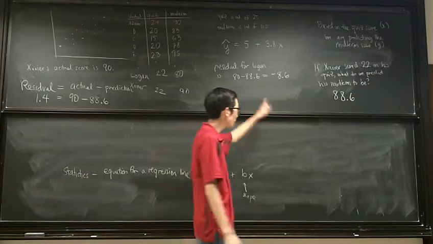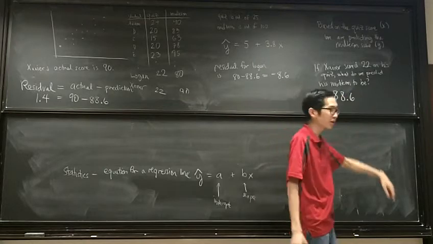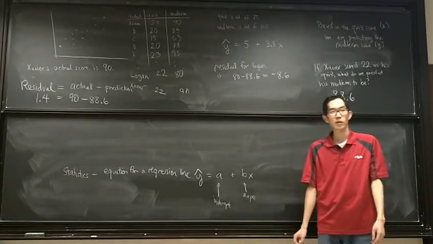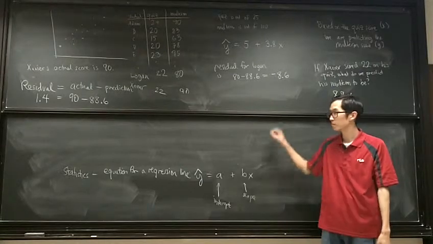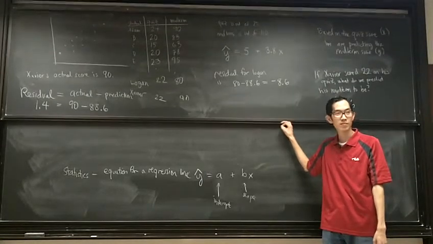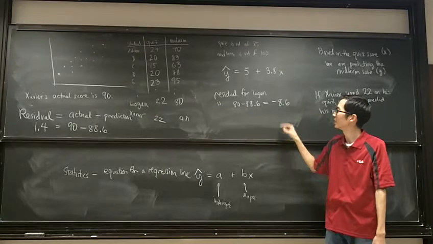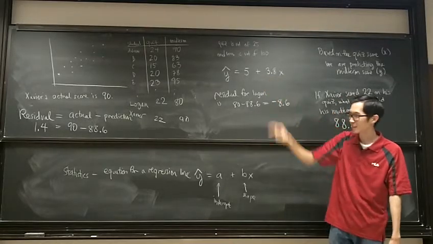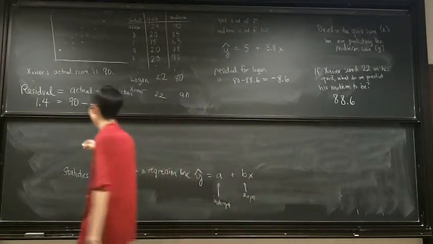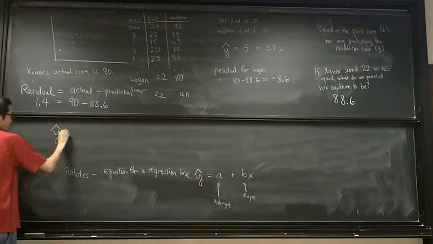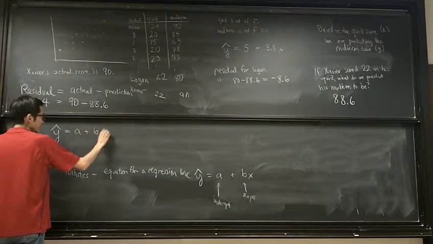In our equation, what is our slope? Look at your notes. We've got y hat is equal to a plus bx.